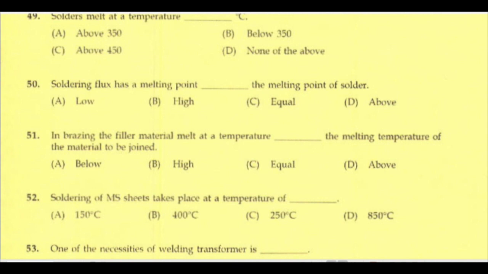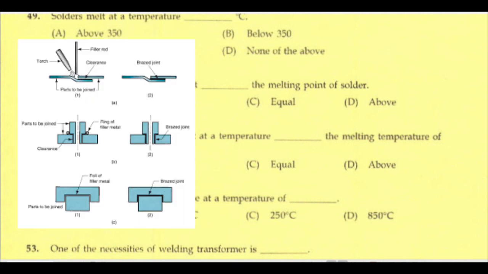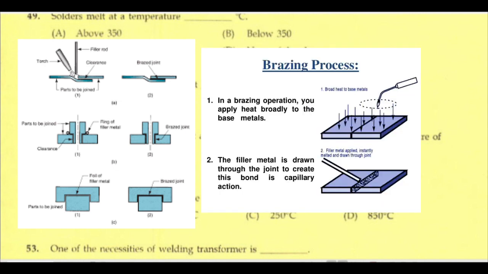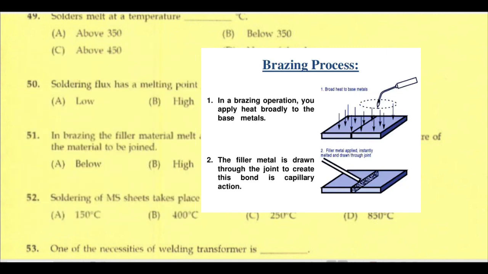Brazing operation is also similar to soldering, but the temperature range is more than 350 degrees Celsius. It is the joining of two or more metal items by melting and flowing filler metal into the joint. This filler metal has a lower melting temperature than the adjoining metals.